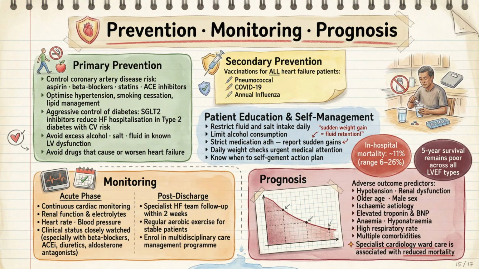Adverse outcome predictors include hypotension, renal dysfunction, older age, male sex, ischemic etiology, elevated troponin and BNP, anemia, hyponatremia, high respiratory rate, and multiple comorbidities. One positive note: specialist cardiology ward care is associated with reduced mortality. This matters. Get your patients the right care.